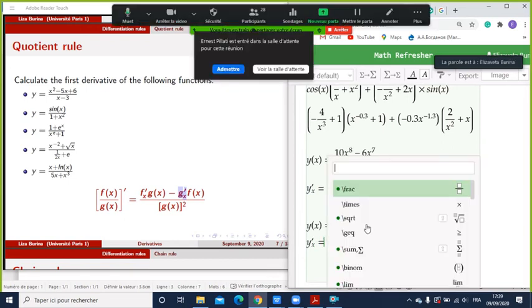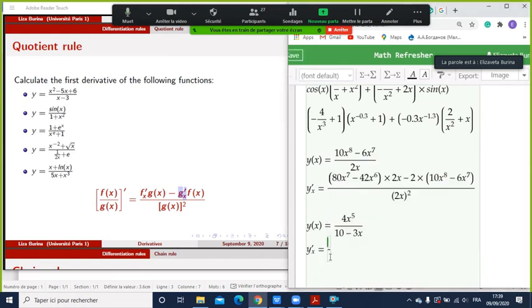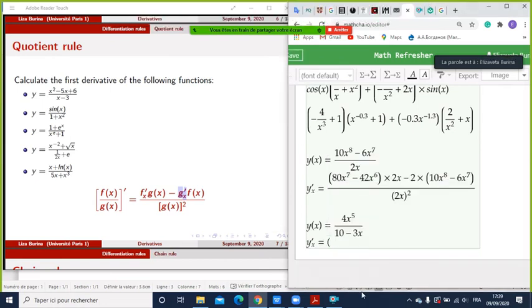Equals, first thing first, we raise the denominator: 10 minus 3x squared, right?